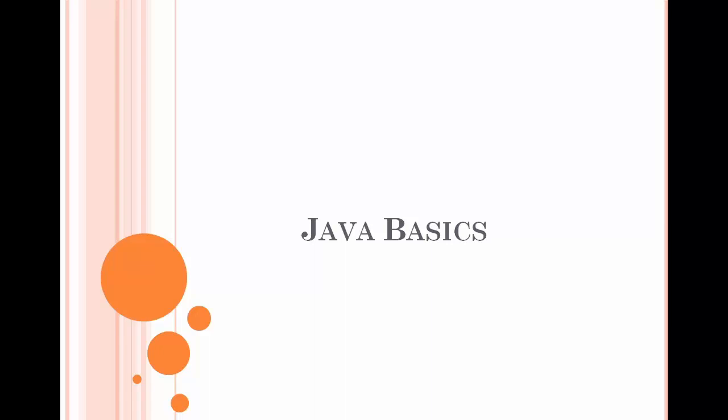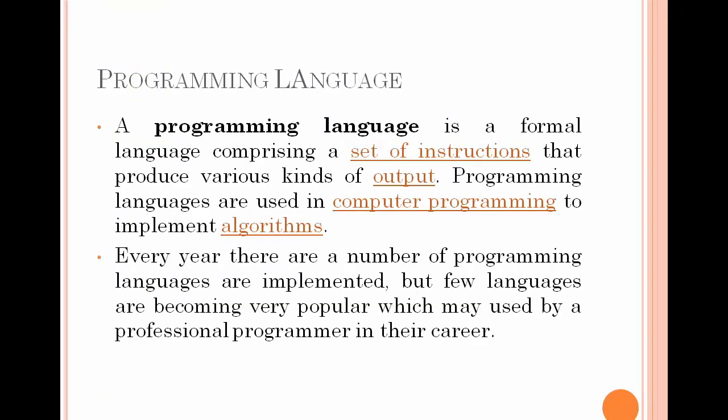Today we are going to talk about Java basics. Before we get into the Java programming language, let's see what we mean by a programming language. A programming language is a formal language comprising a set of instructions that produce various kinds of output.